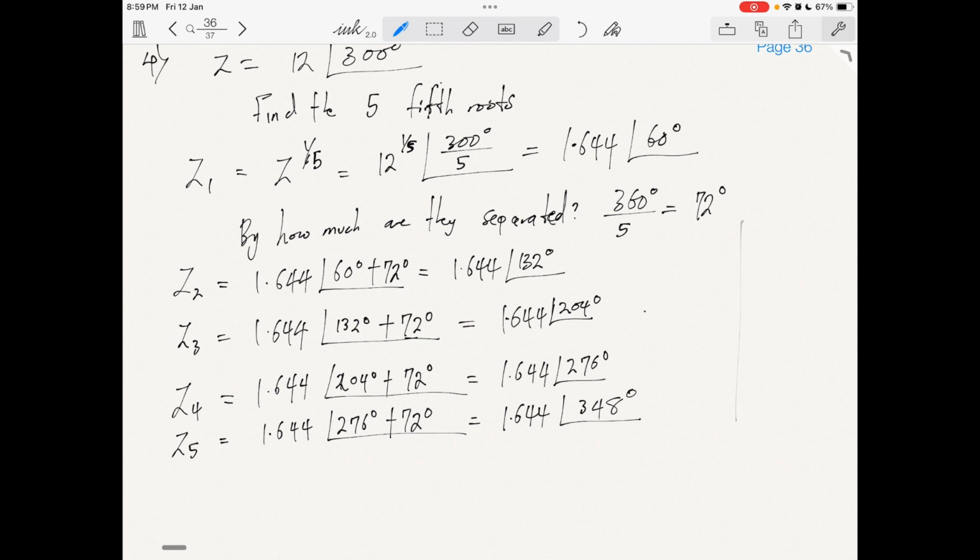So this will give us Z1 at an angle of 60 degrees, Z2, Z3 at an angle of 204 degrees, which is the third quadrant, Z4, and finally Z5.